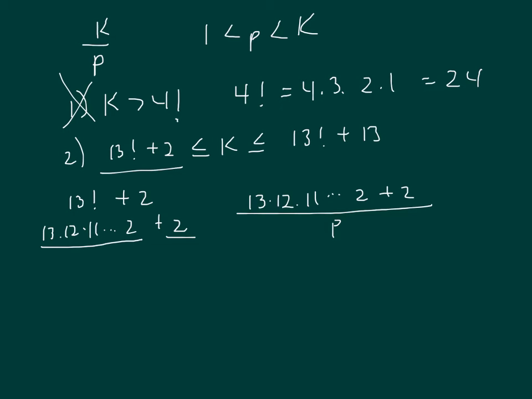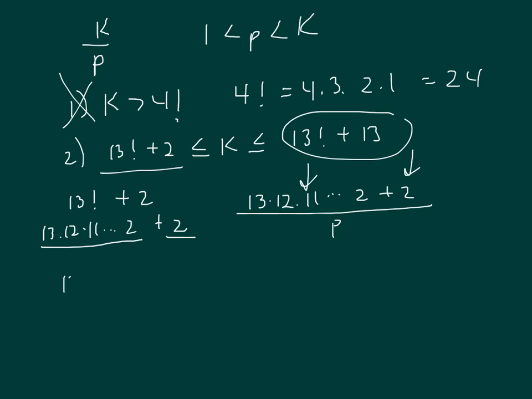Remember, p is in between 1 and k. So this number is definitely divisible by 2, right? 2 would go into this piece and 2 would go into this piece. And we're going to work our way up to where p is actually this number.